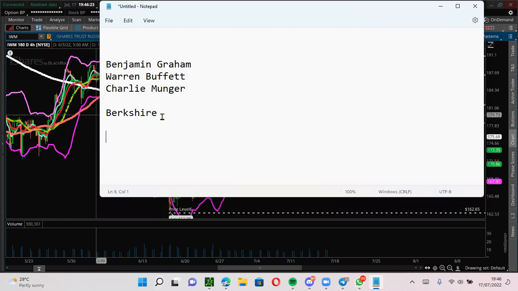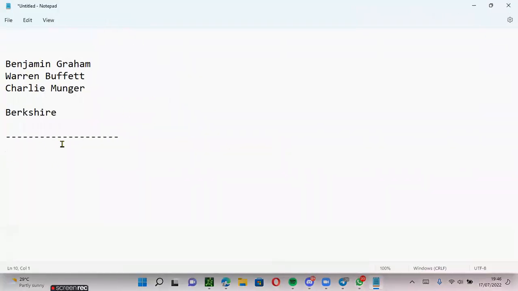When they started, they were trying to analyze stocks into a couple of categories. They wanted to find stocks for growth and value investment. They did that. So what is a growth stock?